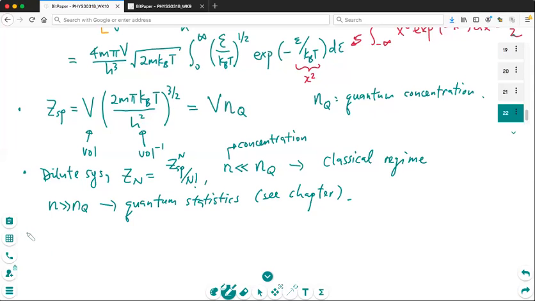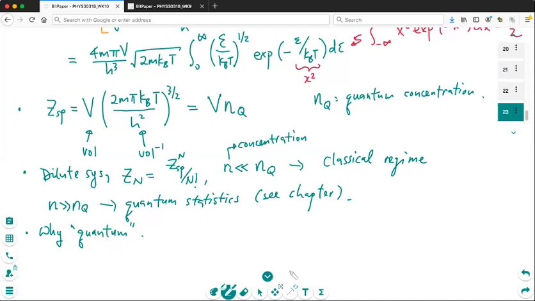Okay, so this is a good remark to make here. And now, as promised, I want to justify a little bit why we call this quantum concentration. Why quantum? Okay, it's a bit of a detour, but not too long.